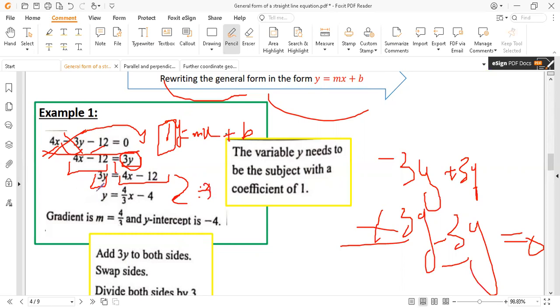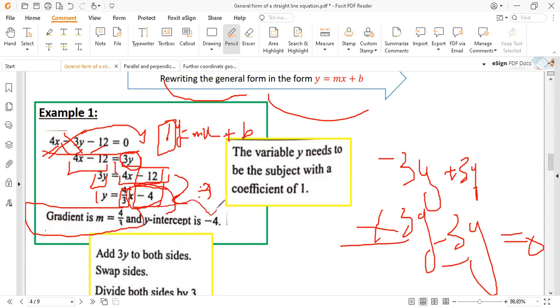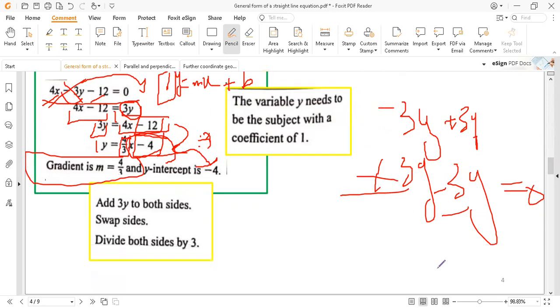Dividing 3 by 3 will obtain a 1. 4 divided by 3 is the simplest form. Minus 12 divided by 3 is equal to minus 4. So the gradient, the slope of the straight line, equal to 4 over 3, and the y-intercept is small b, which is equal to minus 4.